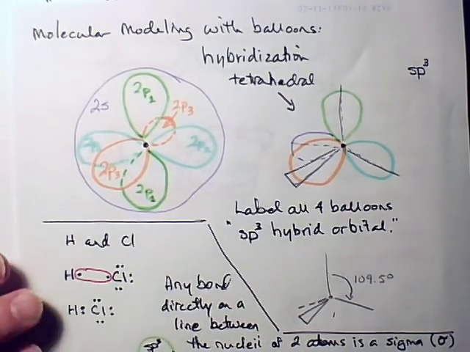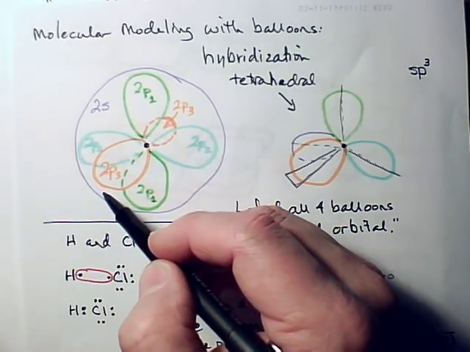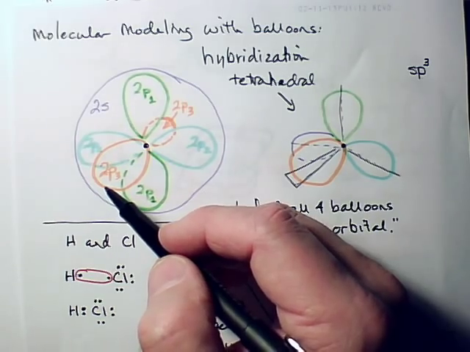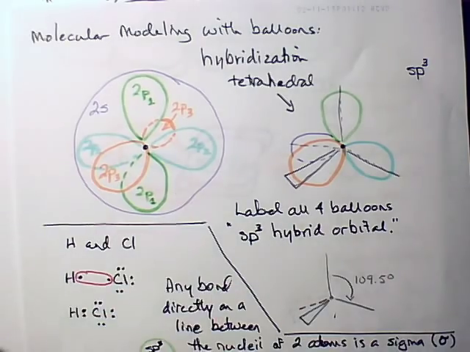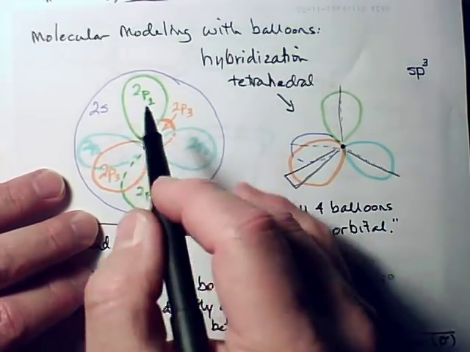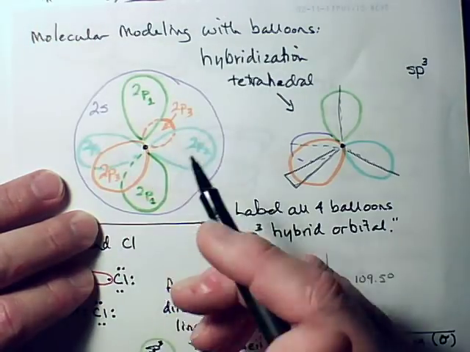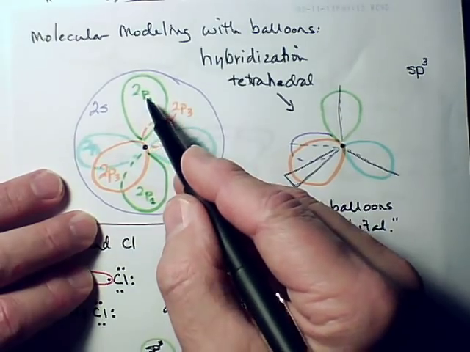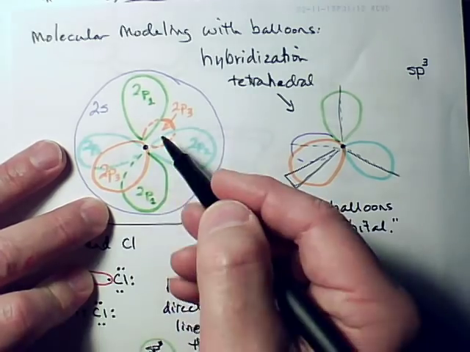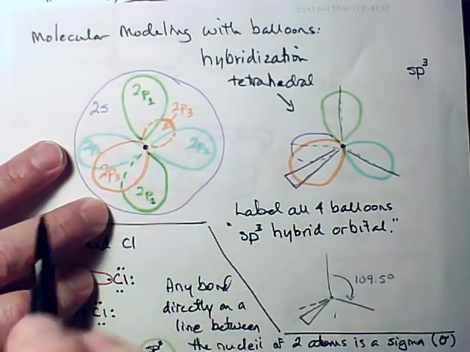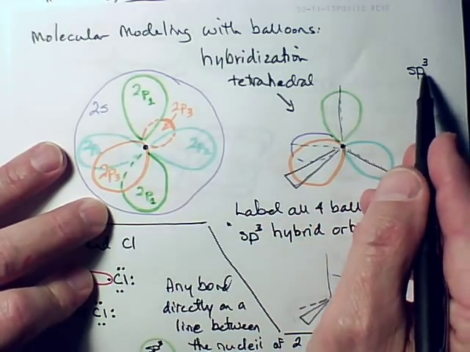Okay? Now, if I hybridize all four of these valence orbitals in order to do covalent bonding, and you have to hybridize to do covalent bonding. Covalent bonding doesn't occur until you do, or along with doing that. If I hybridize the s orbital, this spherical, ball-shaped s orbital surrounding the whole thing, and also this p orbital that's vertical, this p orbital that's horizontal, and this p orbital that's going out toward you and back behind the paper, if I hybridize all four of those, I get this, and it's called sp3.